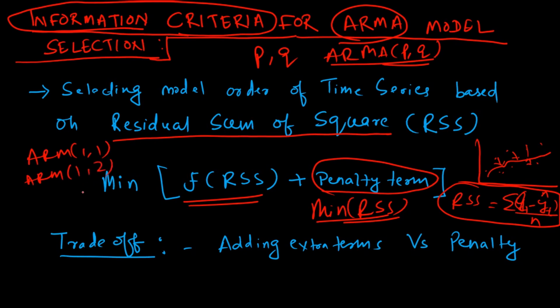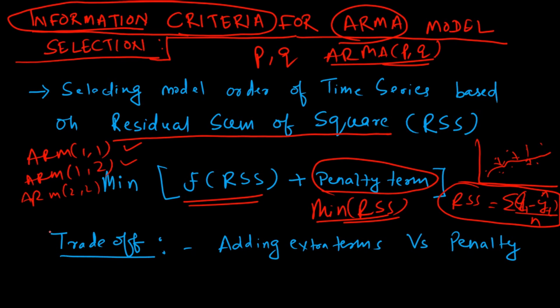How do you see the difference between them? You fit ARMA 11, ARMA 12, or ARMA 22 as well, and compare their fitness level. The one in which the residual sum of square is minimum would seem to be the best one, because it's best fitting your data.